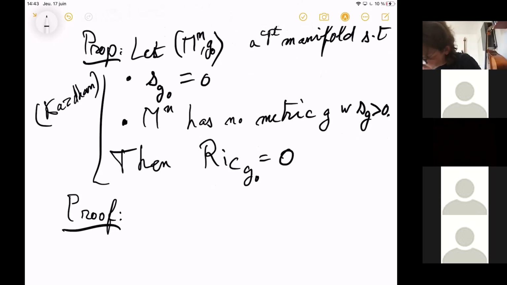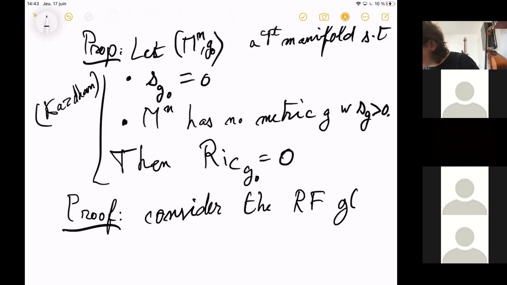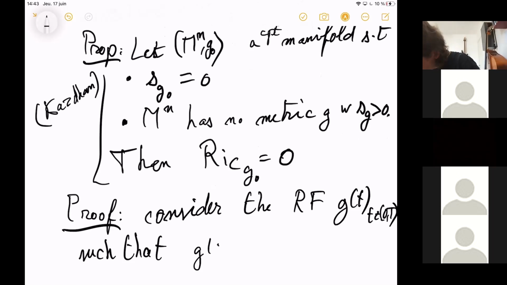So how do you prove that? Consider the Ricci flow g(t) defined on some time interval, which starts at g_0.